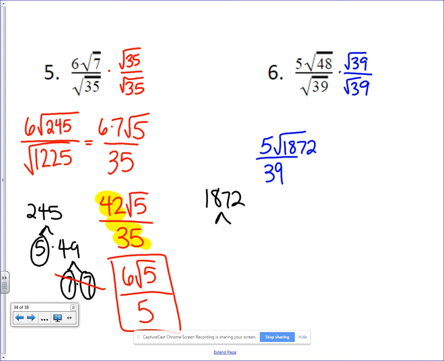Let's see what we can get that to divide by. Looks like that will divide by 4. 4 times 468. The 468 will divide by 4 again. That's 4 times 117.